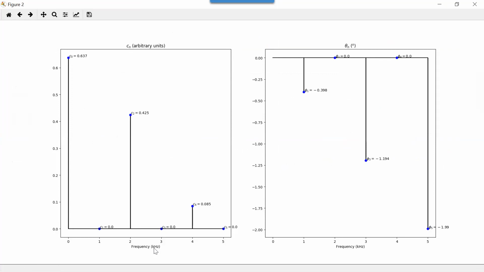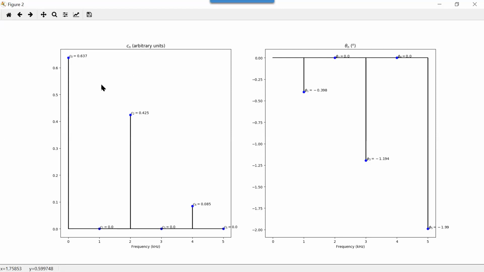All right. So if 1 was 50 hertz, 2 would be 100, and so on and so on. And so you can see here's our DC component, right, scaled 0.637. Now that's with an amplitude of 1. But notice there's no 50 hertz, right, because the fundamental frequency is 50 hertz. But you can see that the frequency is doubled and that there's still upper harmonics here, and then you can see the phase.